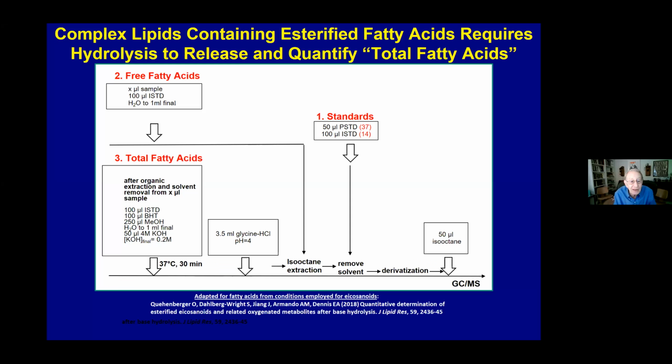And then we subject that material to alkaline hydrolysis under very controlled conditions at 37 degrees for 30 minutes. Then we quench it by lowering the pH and do an isooctane extraction, remove the solvent, derivatize, and run the GC mass spec. And this is the standard protocol for alkaline hydrolysis.